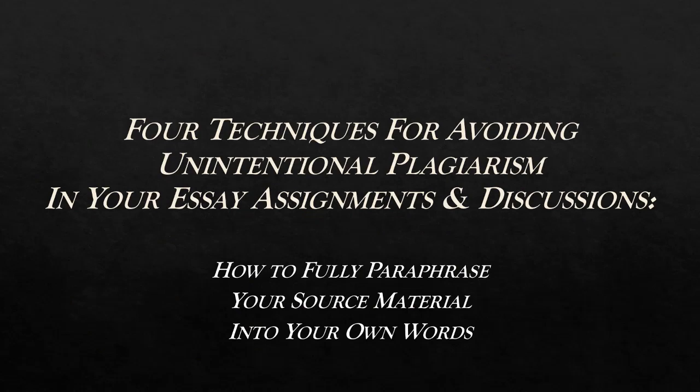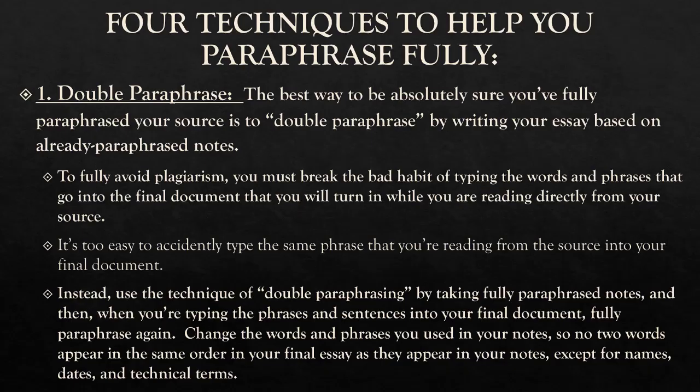So here are 4 techniques for avoiding unintentional plagiarism in your essay assignments and discussions. It's going to teach you how to fully paraphrase your source material into your own words. So the first technique is kind of a meta technique. It's how to use paraphrasing twice.